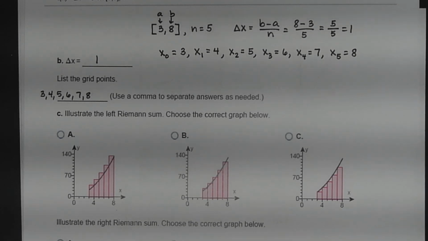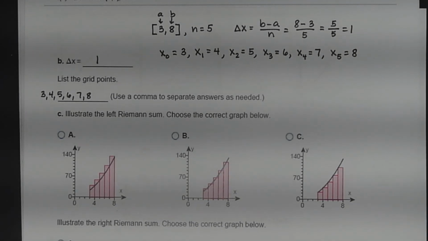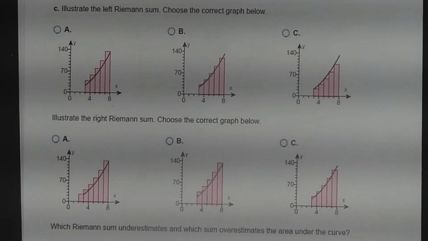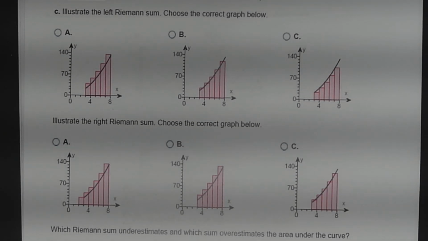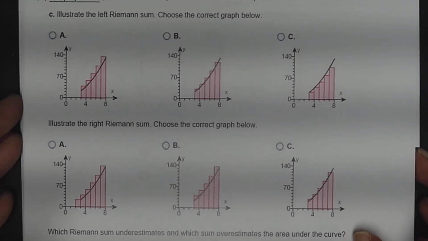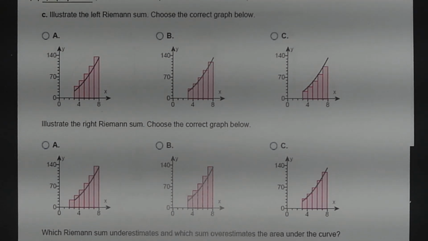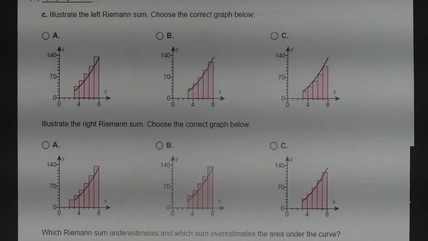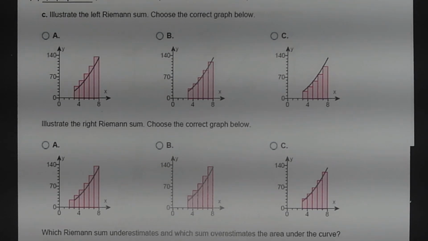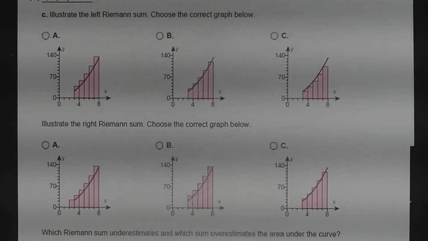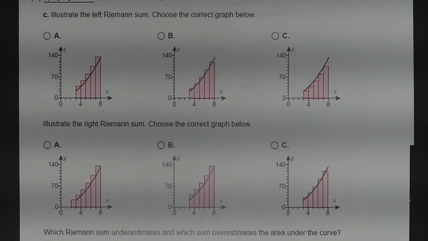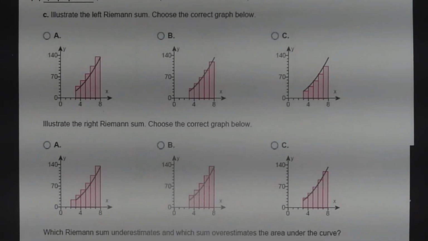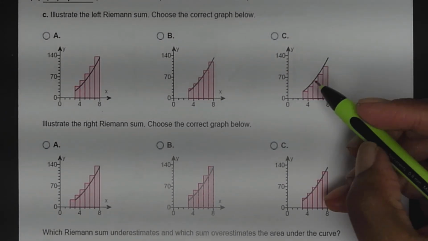Now part C is illustrating the left Riemann sum and illustrating the right Riemann sum. Here you're given a choice of graphs. You have to pick the one that illustrates the left Riemann sum, and then pick the one that illustrates the right Riemann sum. Keep in mind your left Riemann sum is where the graph touches the left vertex of every rectangle.